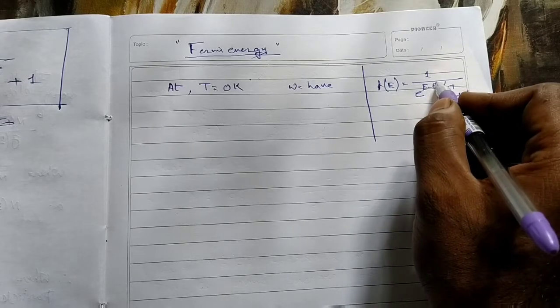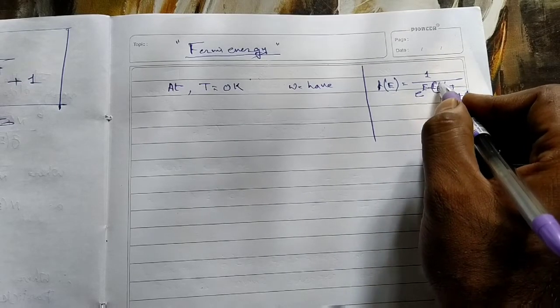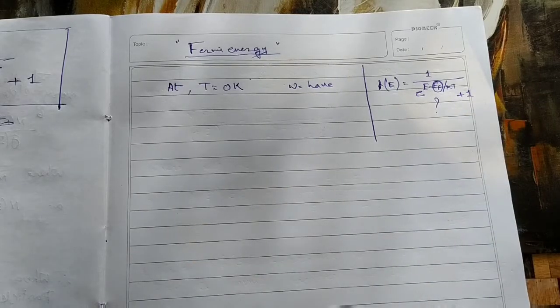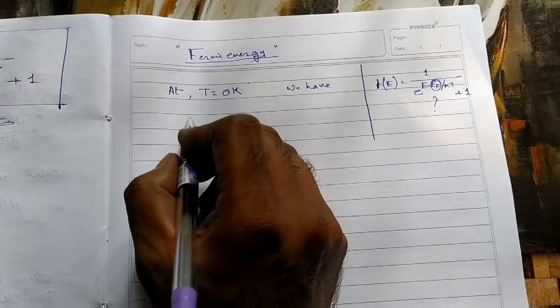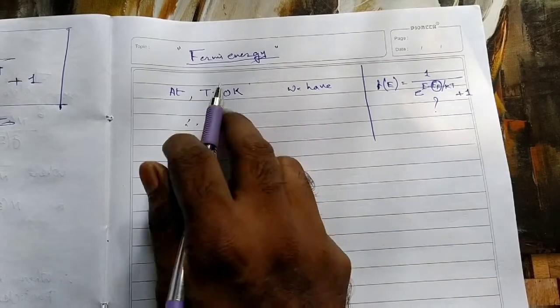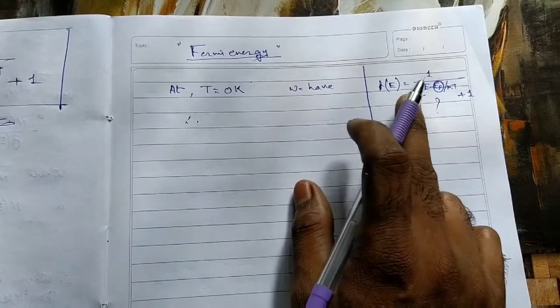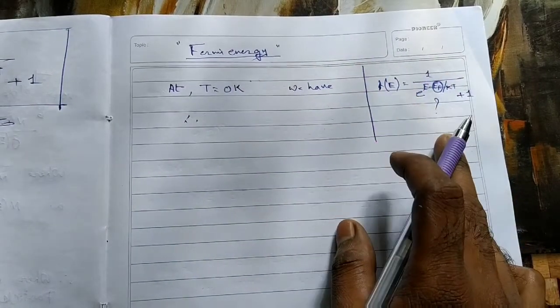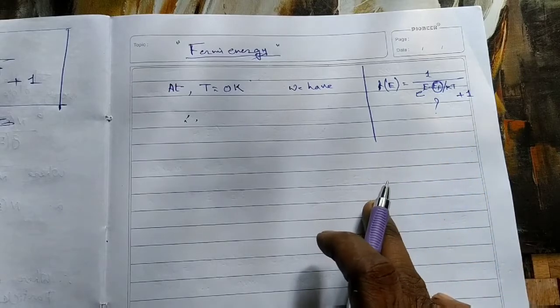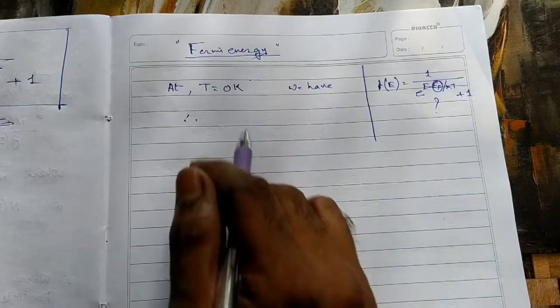Now we try to develop what Ef is. At 0 degree Kelvin, if the whole system is at 0 degree Kelvin temperature, what will happen?